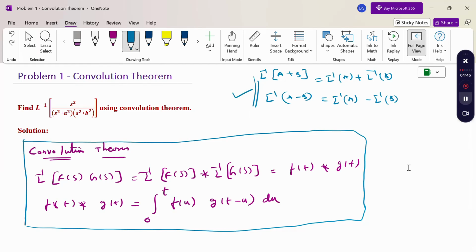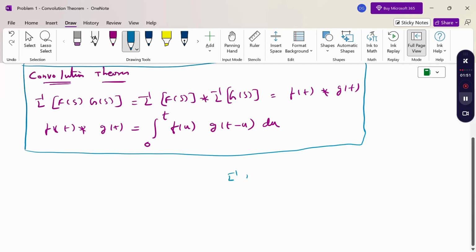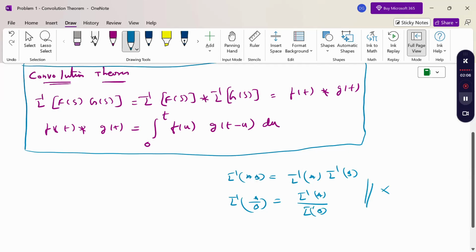But if it is L inverse of a b, a product, or a divided by b, then L inverse of a into L inverse of b, or L inverse of a by L inverse of b, is not possible. So only we can use the partial fraction and the convolution theorem, these two methods, when it is given as a product or division. This is the only reason.